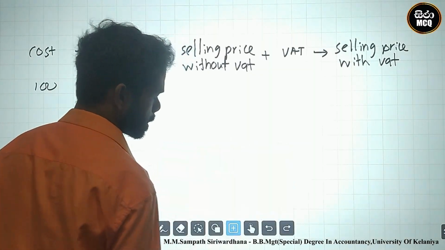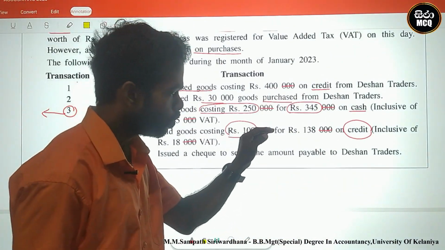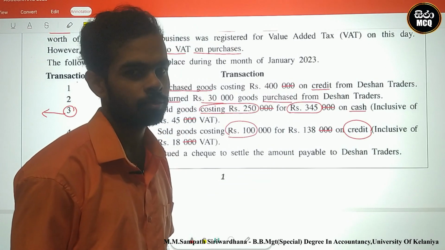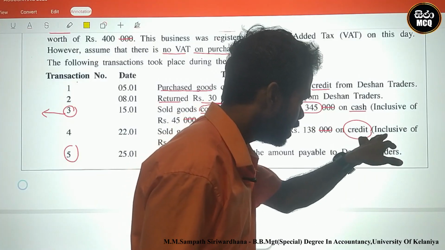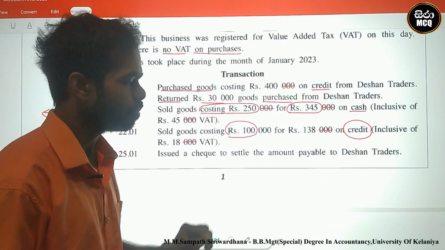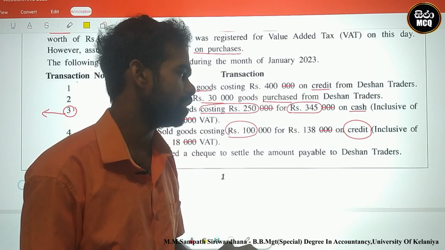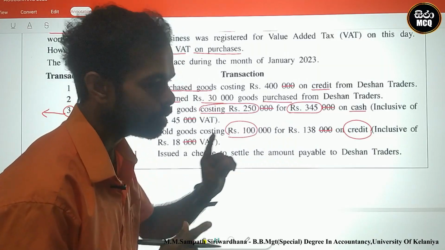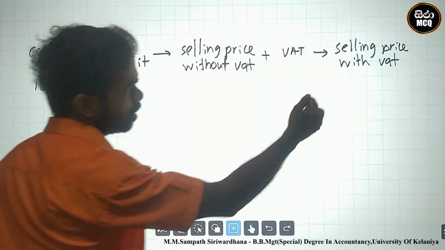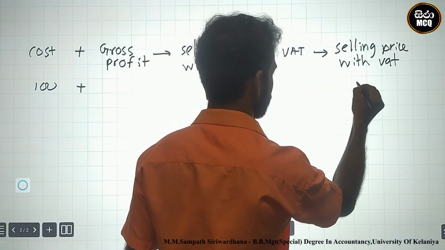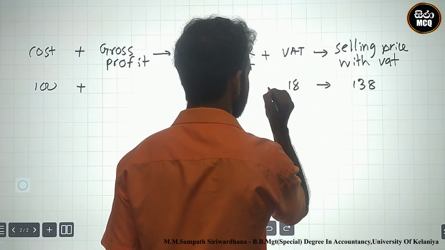The next one is 100 for 138. Four means 4. This is the selling price. Credit sales inclusive of 18,000 VAT. Inclusive means this 138 included VAT. Therefore, the selling price included VAT. 138 is the selling price with VAT. They included VAT in 138. VAT amount is which amount? VAT is 18.